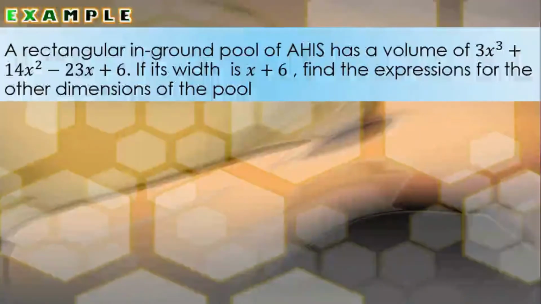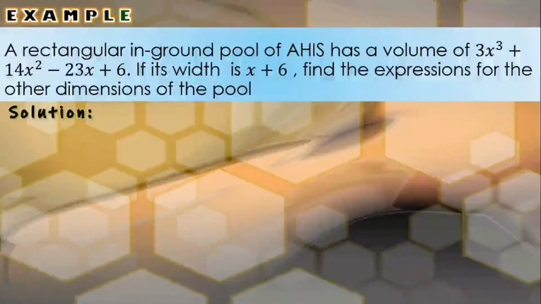A rectangular in-ground pool has a volume of 3x cubed plus 14x squared minus 23x plus 6. If its width is x plus 6, find the expressions for the other dimension of the pool.